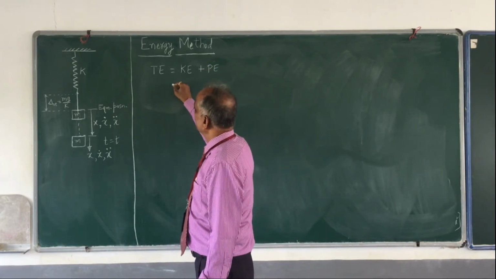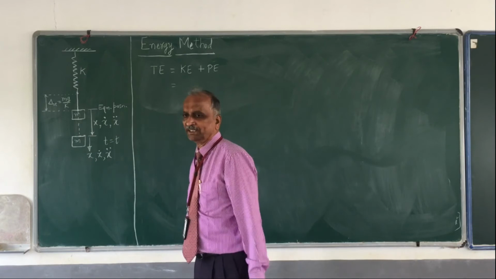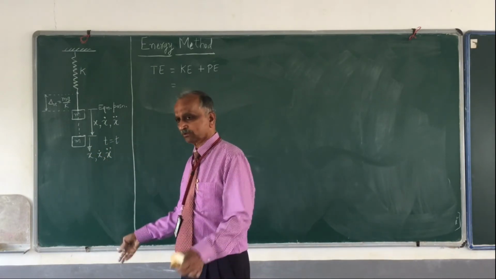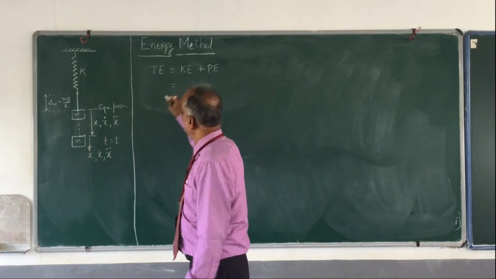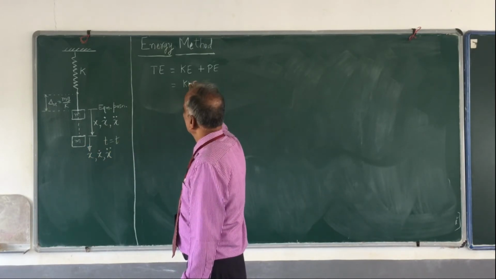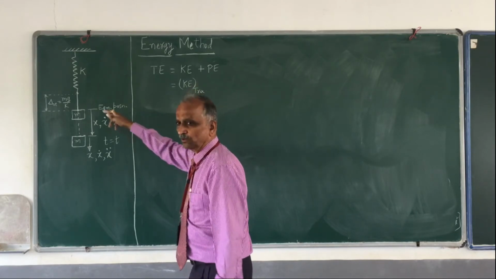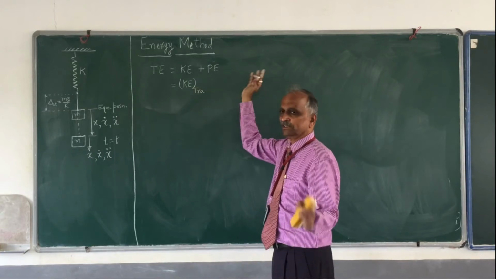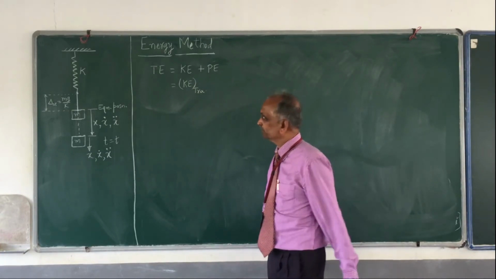What are the different forms of kinetic energy? Do we have only translation or rotation or both? In this case, I have kinetic energy only due to translation. Only straight line motion is there, no rotation. Therefore, kinetic energy due to rotation is not there.